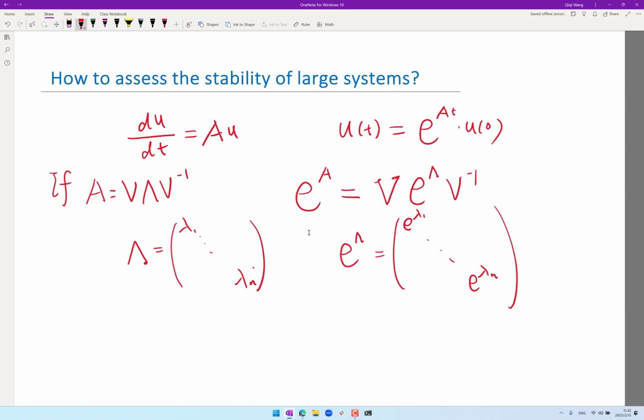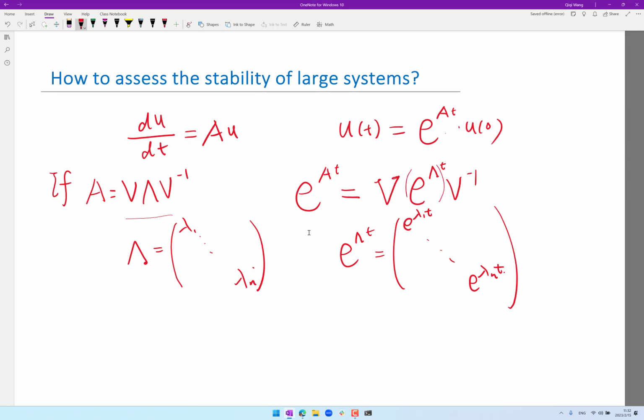Basically, what I mean is that e to the A raised to the power of t is the following, and this would be e to the lambda 1 t, e to the lambda 2 t, and e to the lambda n t. That's really what I mean. Okay.